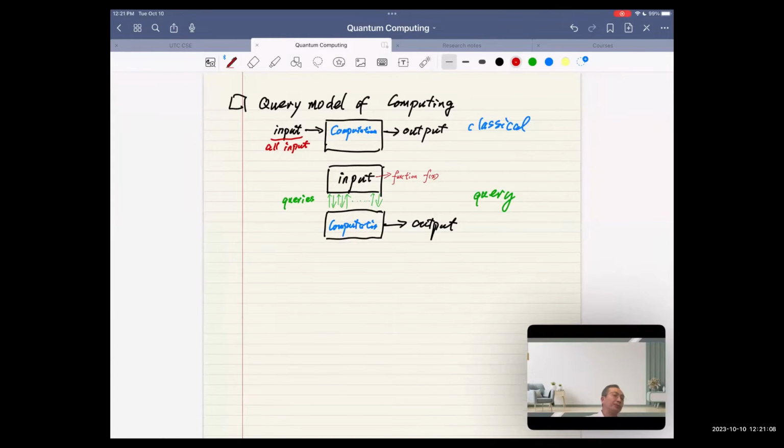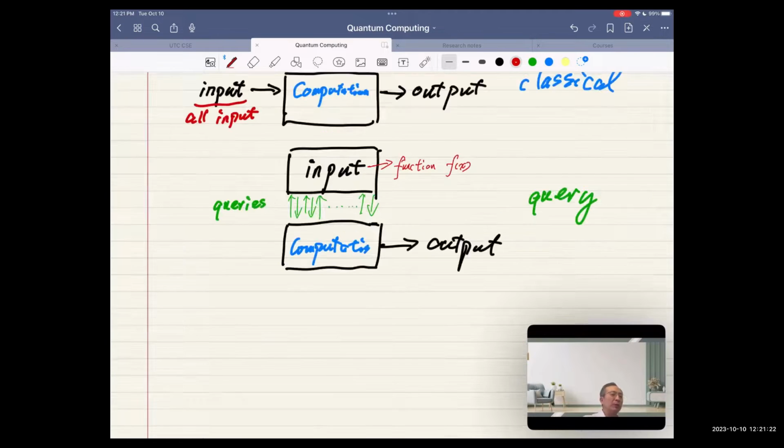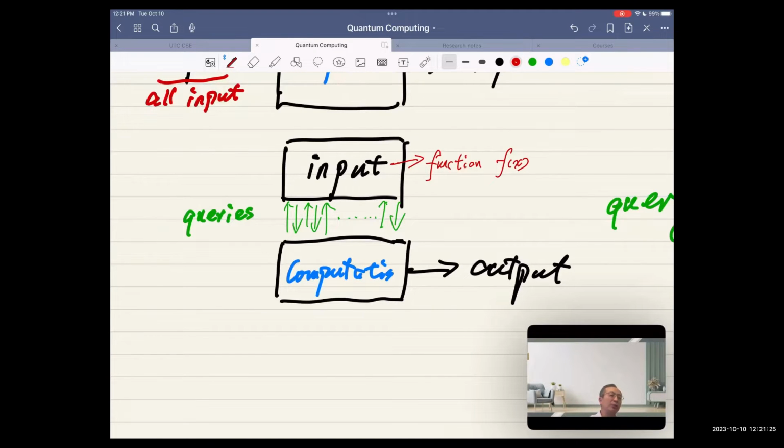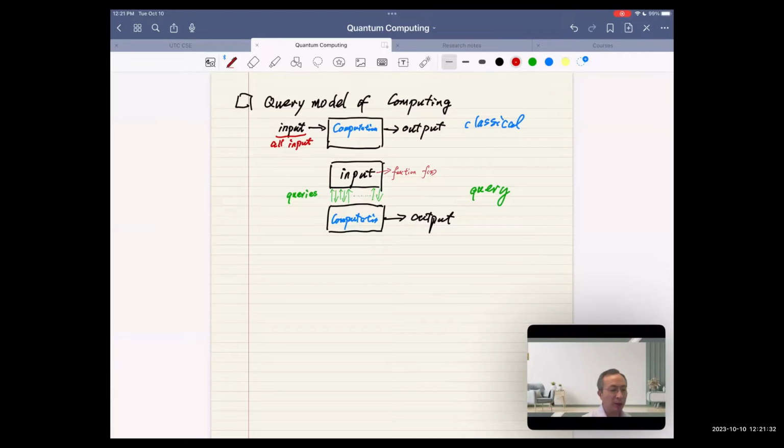In classical computing, like when we use a calculator, if we put in, say, log 100, we put 100 there and calculate the result. For the query model, instead of working on the numbers, we can query the mathematical function itself. So this really is quite a different way of computing. Instead of computing on the actual number, we try to compute on the mathematical function here.